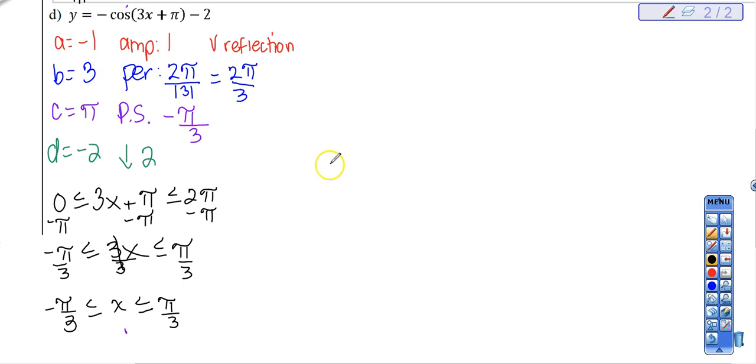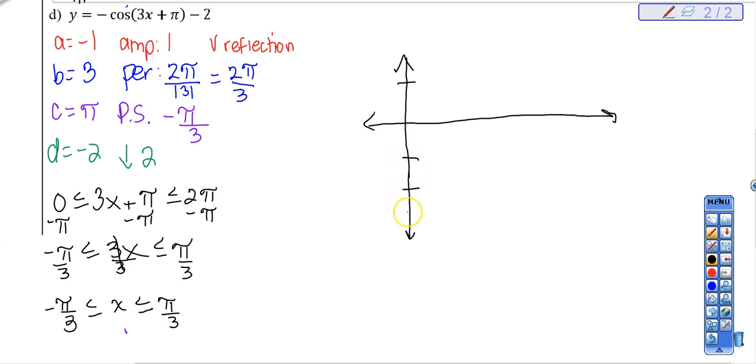So when I go to draw my graph, first let me think of my y-axis. I'm shifting everything down 2, right? So I'm going to need more of the bottom of my graph than the top. I think I'll just start at +1, but I'm going to go down to -3 because I've got to shift my lowest point from -1 to -3.